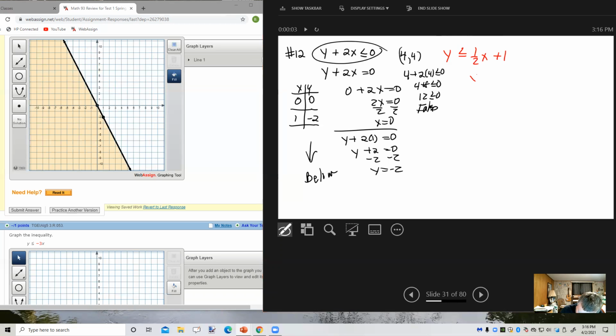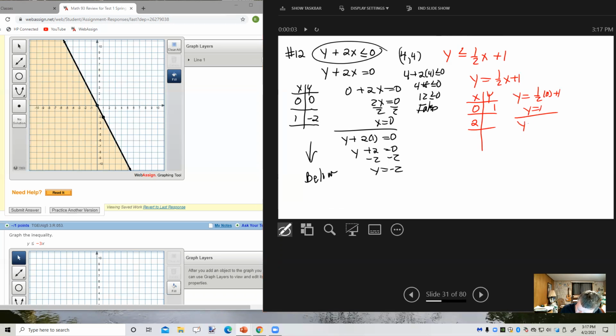We'll look at the related equation, y equals 1/2 x plus 1. Since my coefficient of x is 1/2, if I use multiples of 2 for x, I should get nice y values. So how about 0 and 2? If x is 0, y equals 1/2 times 0 plus 1, or y equals 1.